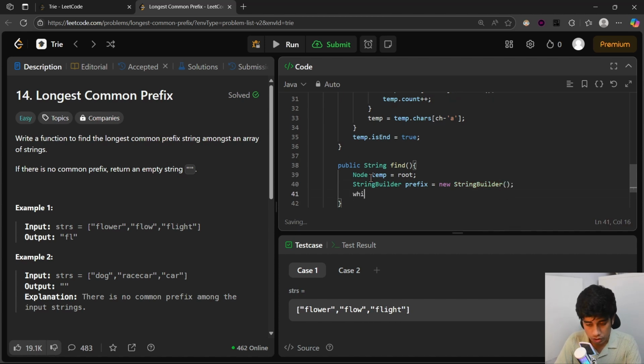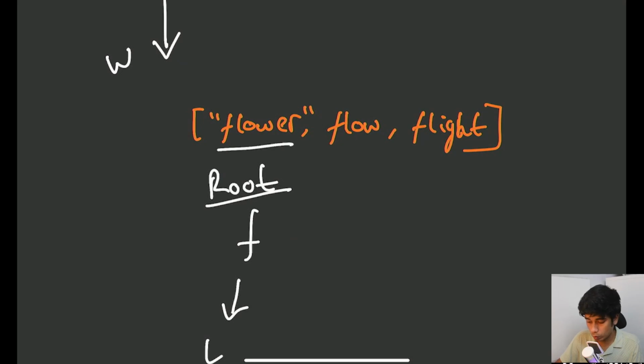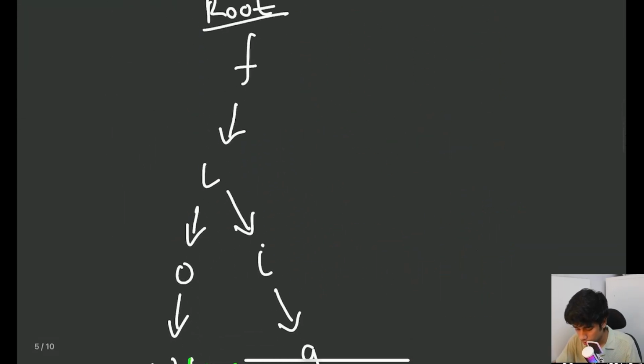Now we want to start at the root, and I want to check whether, at this moment where I'm standing, at the root level, the count is equal to 1. If you remember, the count was 1, so it was fine. So we went down.